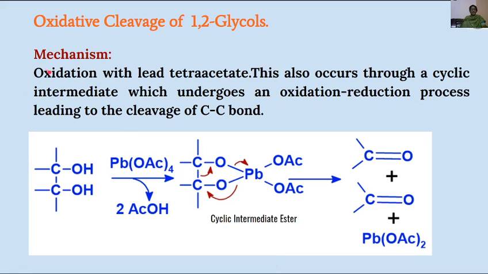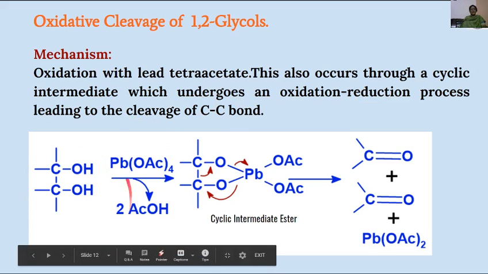When we have oxidation of a diol with lead tetraacetate, this also occurs through the same kind of cyclic intermediate formation that will undergo an oxidation-reduction process leading to the cleavage of the carbon-carbon bond. Here the diol is forming a cyclic intermediate ester, and a 5-membered lead ester is formed.